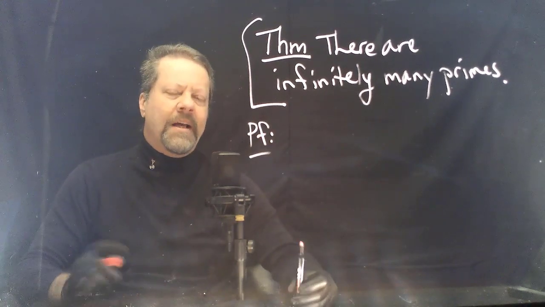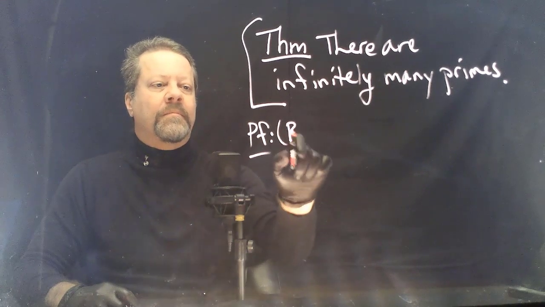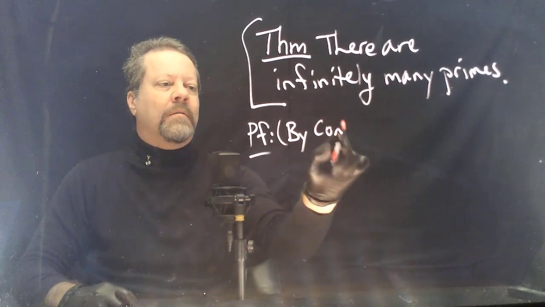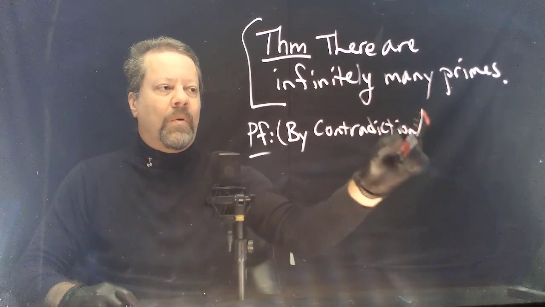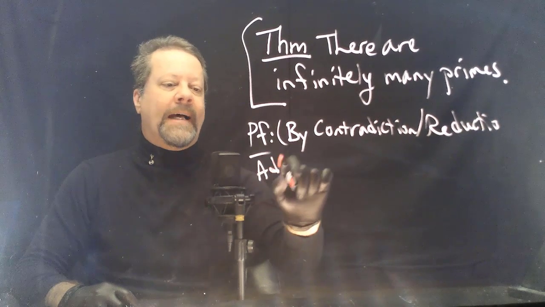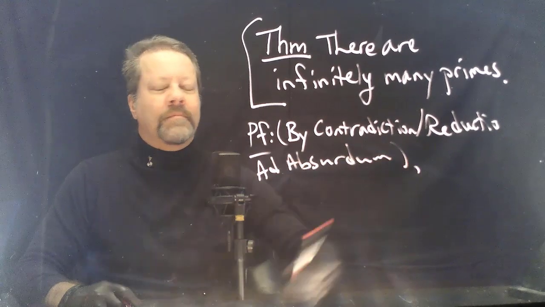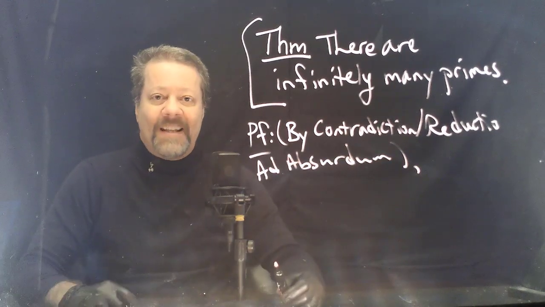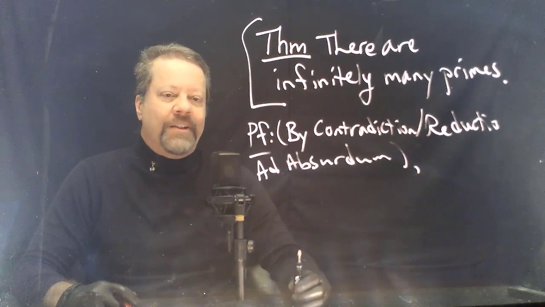It's a very elegant proof by contradiction, or reductio ad absurdum, which means that you assume that there are finitely many primes and then try to arrive at a contradiction.